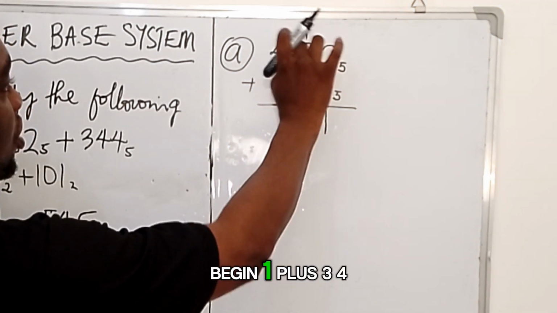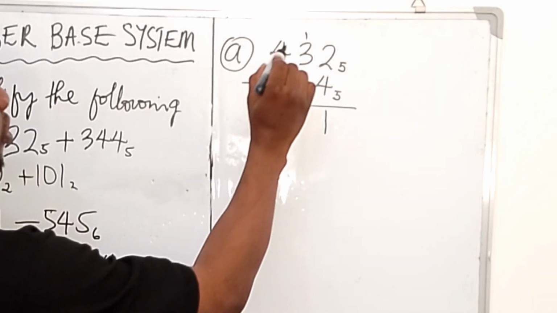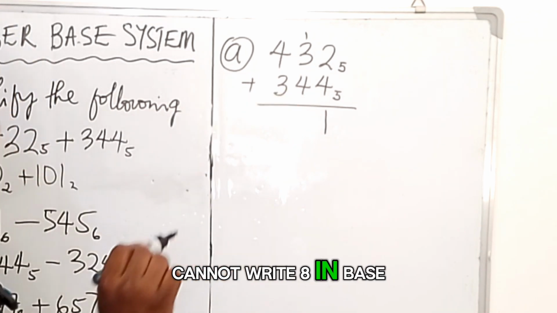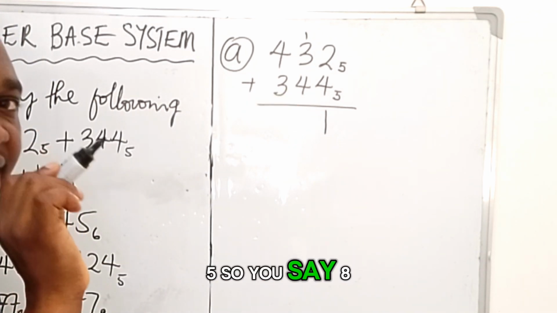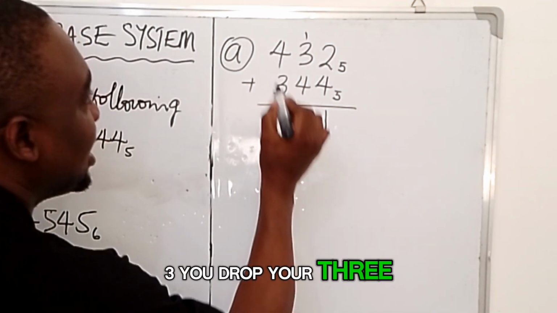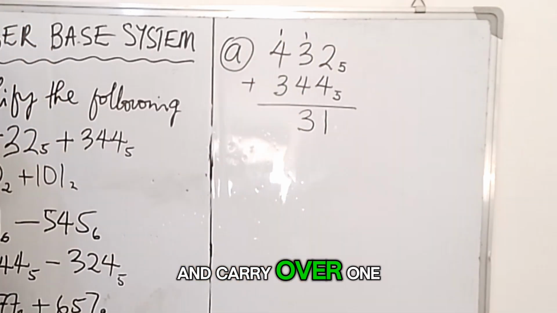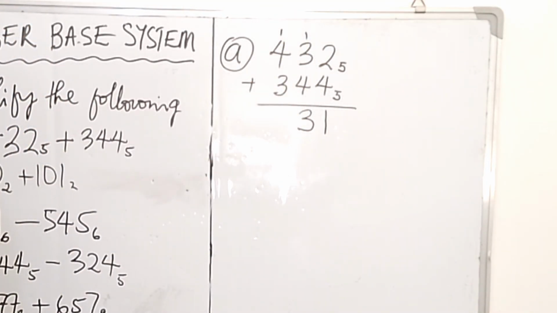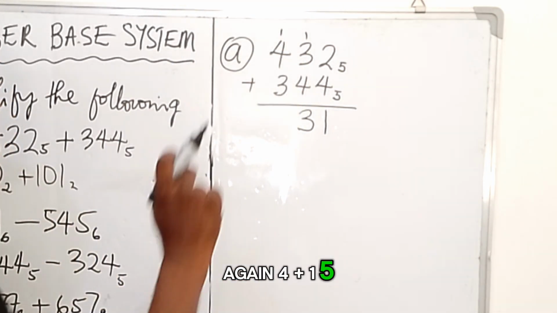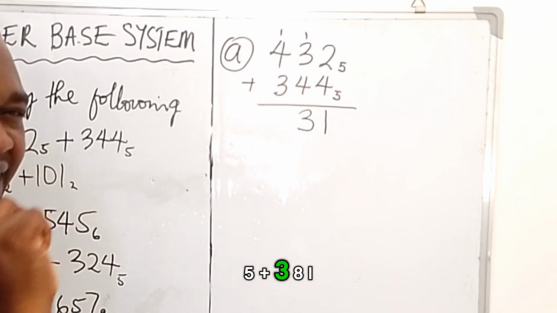Again, 1 plus 3, 4. 4 plus 4, 8. You cannot write 8 in base 5. So you will say 8 minus 5, 3. You drop your 3 and carry over 1. Again, 4 plus 1, 5. 5 plus 3, 8.